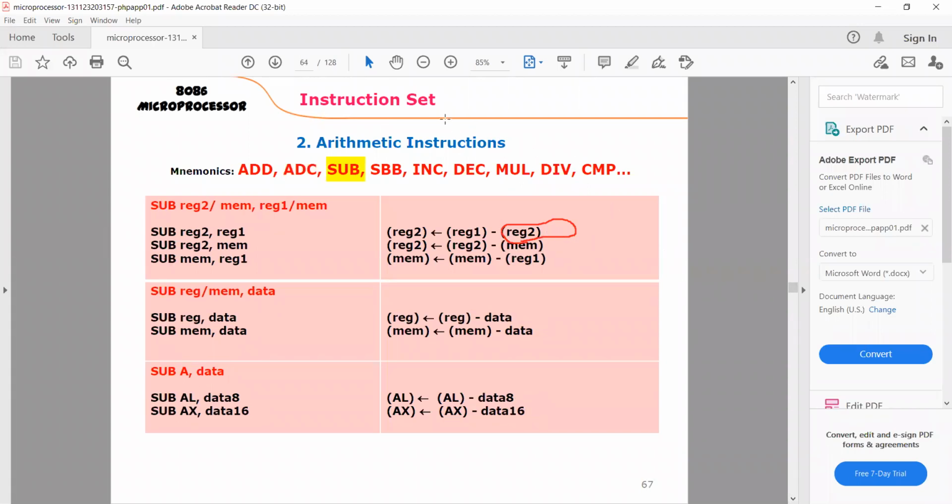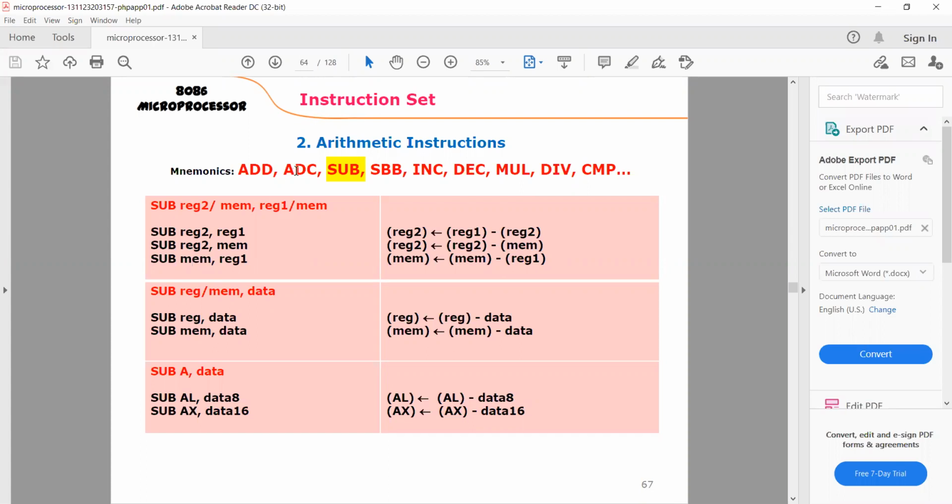You know how subtraction will be performed, but you have to understand here the types. First is subtraction between registers, second is subtraction between data present in memory and a register, and then subtraction between a register and a memory location. So here the positions are different.